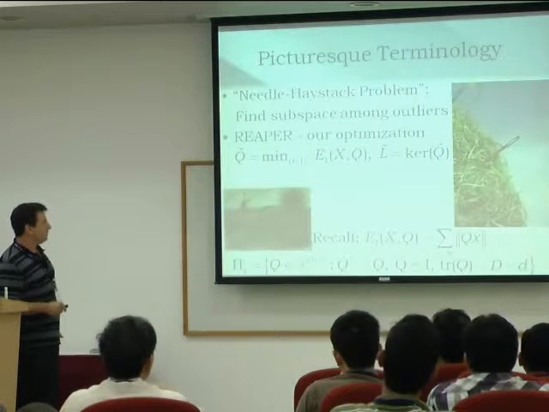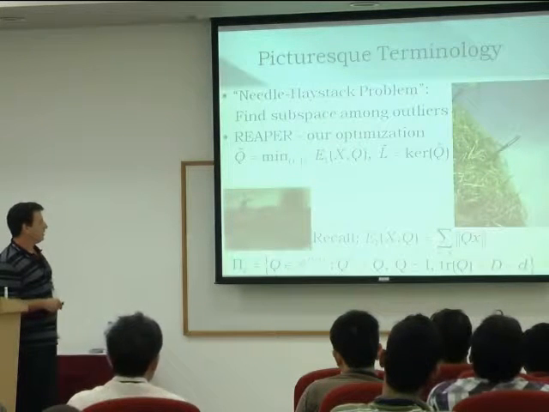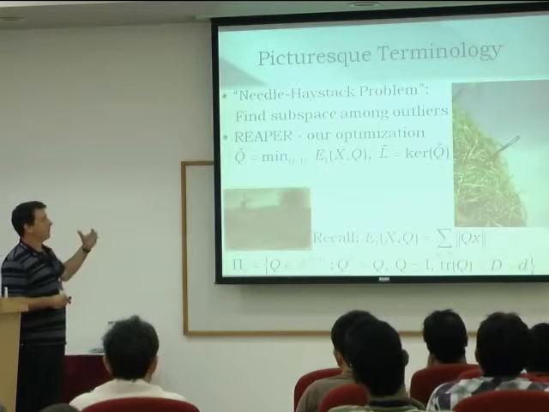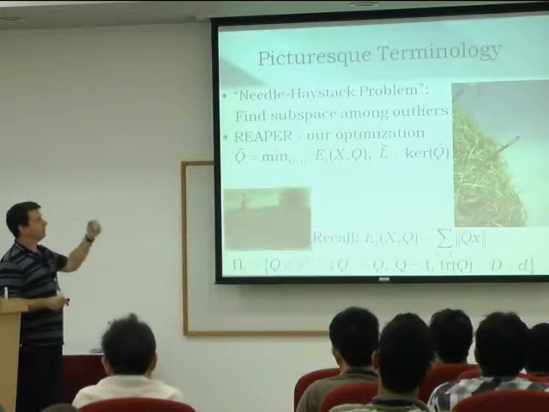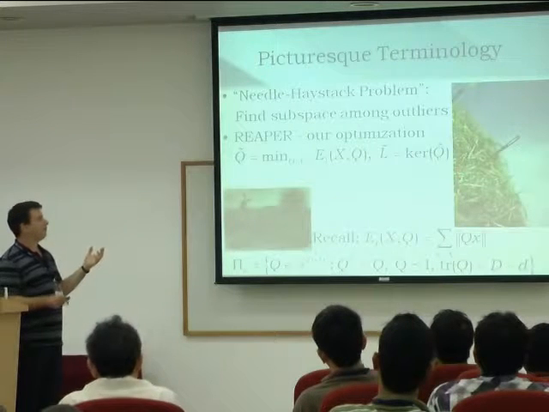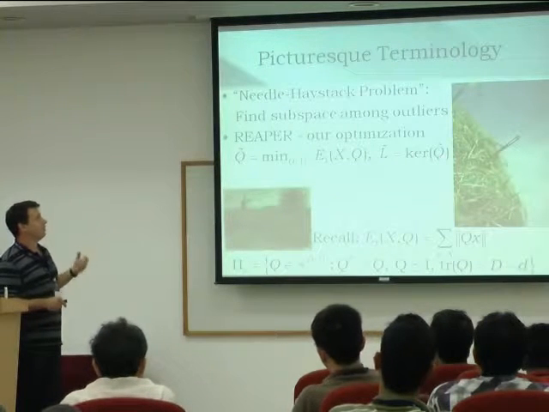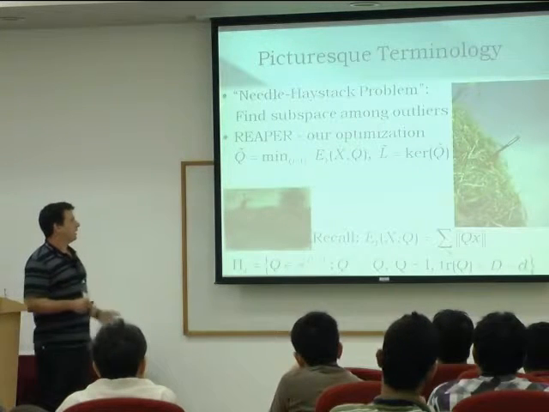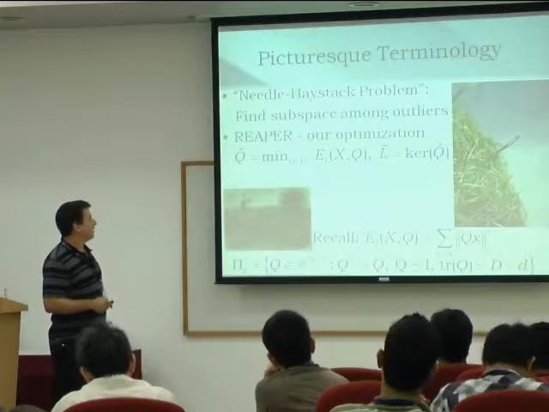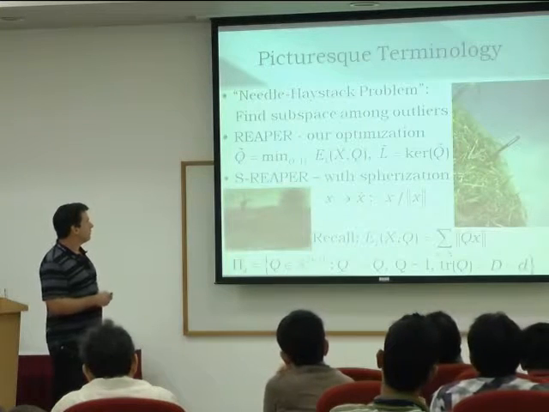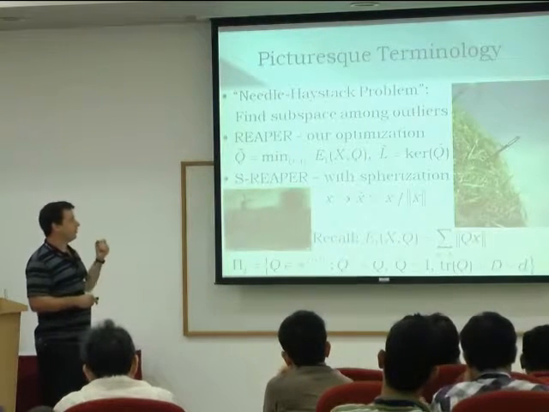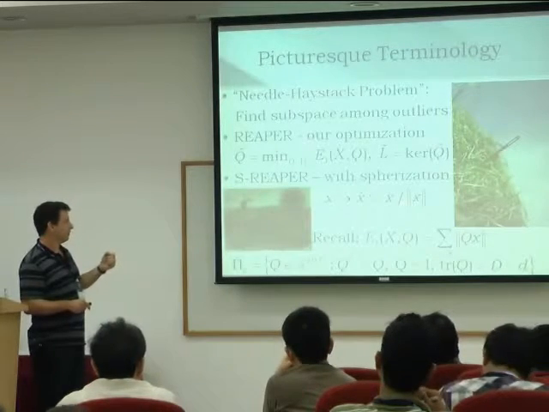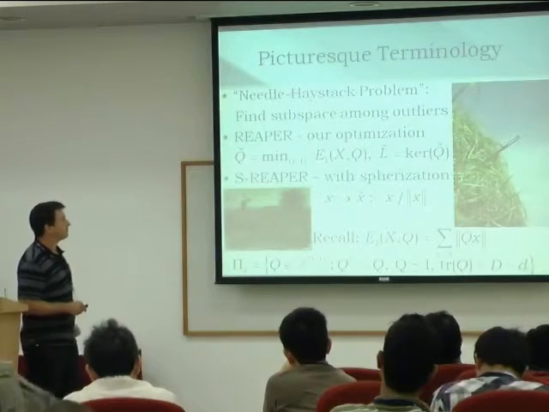And I remind you that we minimize this energy over this set. So we get supposedly the orthogonal projectors, and then we read the subspace by the kernel of what we find, or by the lowest d eigenvectors of what we find. And let's also talk about the S-Reaper, because in this talk I'll initially normalize all data points to the sphere. So S is for spherical.